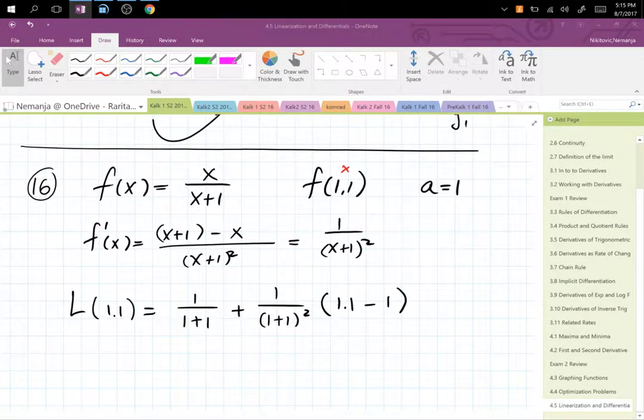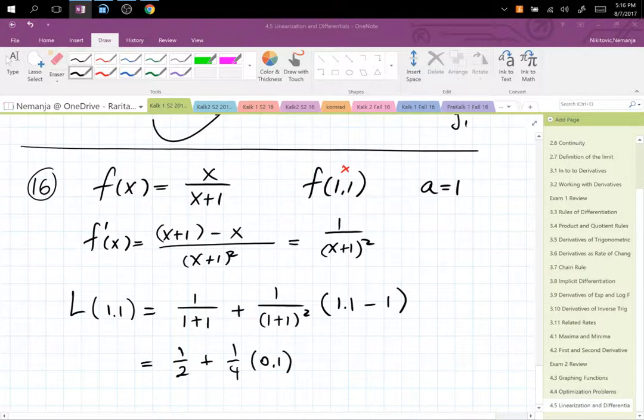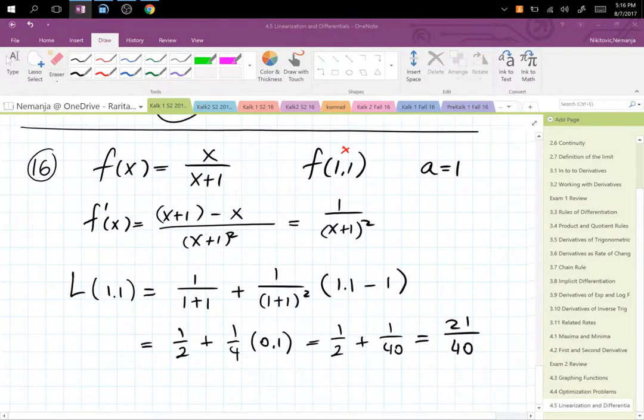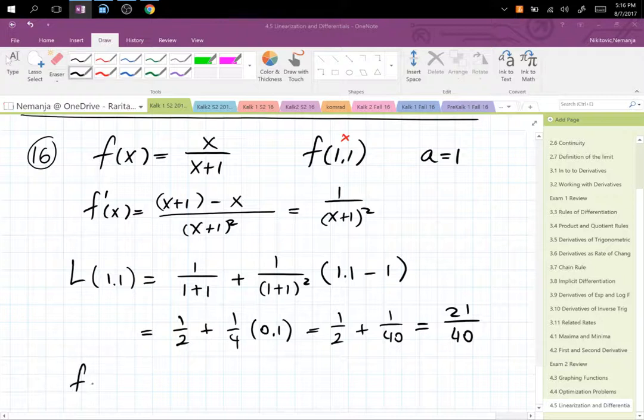So you just plug in, and we get 1/2 plus 1/4 times 0.1, which is 1/10. So you have 1/2 plus 1 over 40, and then that's 21 over 40 altogether. So f of 1.1 is approximately 21 over 40.